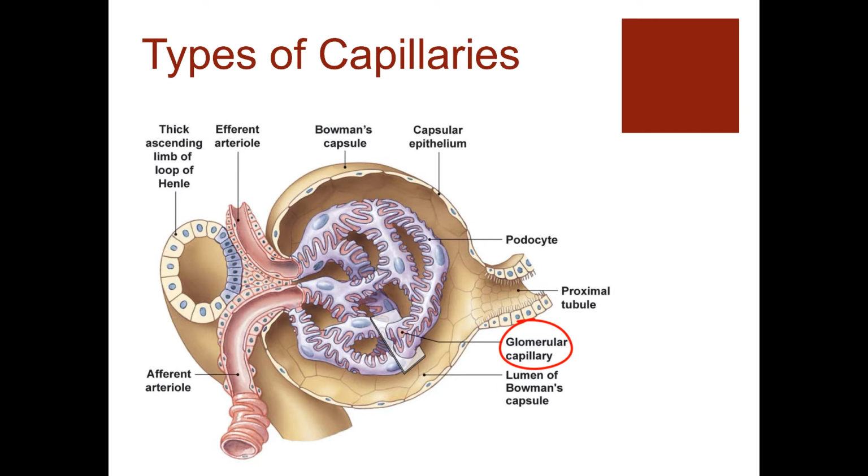It is in these glomerular capillaries that larger substances like glucose, urea, and other substances that can be filtered out of blood will leave the glomerular capillaries and enter the lumen of the Bowman's capsule that is indicated here.